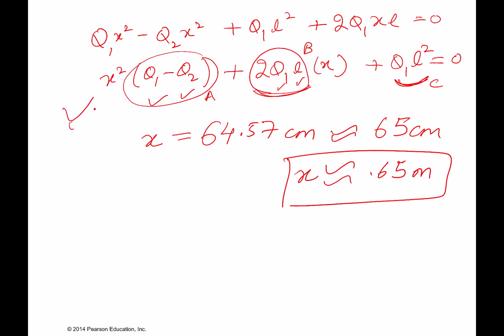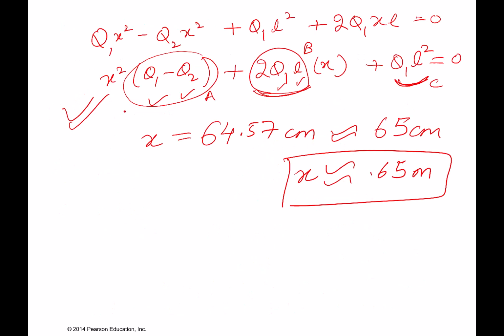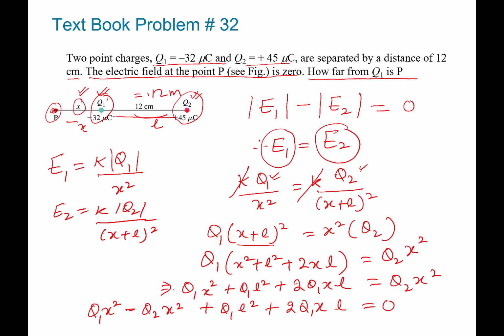So it's a good way of getting practice for the quadratic. So we know what Q1 is. If you remember, we are taking the magnitude, so don't put minus, only use the magnitude of Q1.